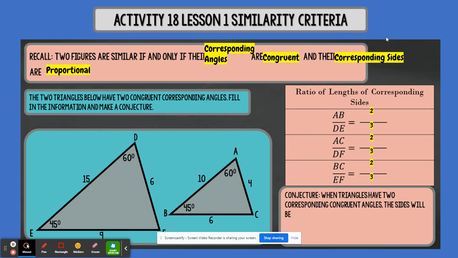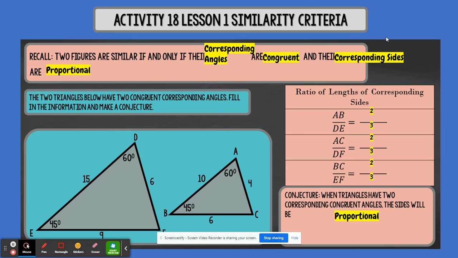So as long as I have two, I can always find the third. It's just something that's understood. As long as I have two angles that are the same, the sides always will be proportional.